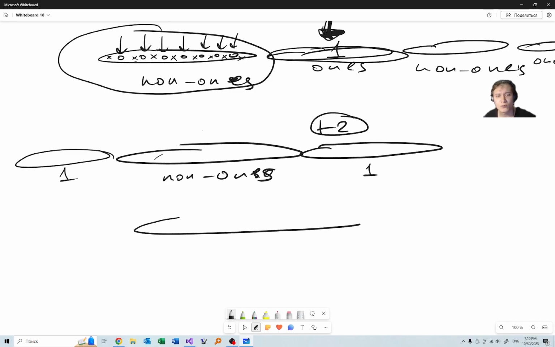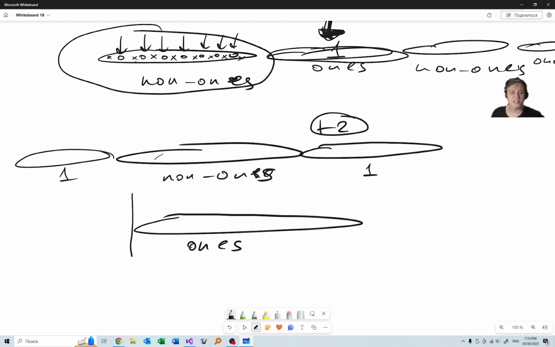So we have a block of ones. There is also one corner case when this block of ones touches the left side. Usually it doesn't, but sometimes it does. For two blocks, maybe.